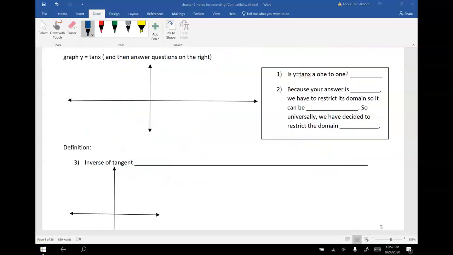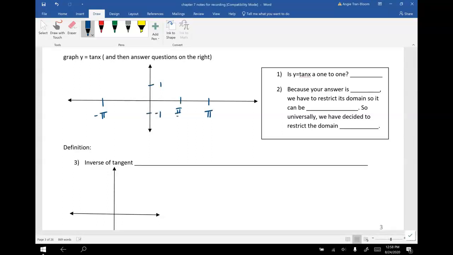So our third function for this unit is y equals tangent of x. Similarly, let's go and graph out y equals tangent of x. If you guys remember, the period for tangent is only a pi. So what we want to do is go a pi to the right and a negative pi to the left. We will go as high as 1, as low as negative 1.